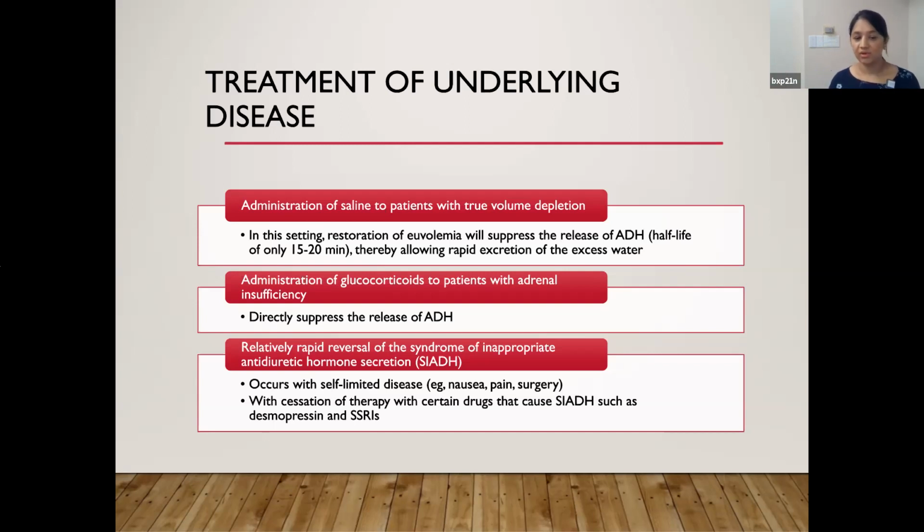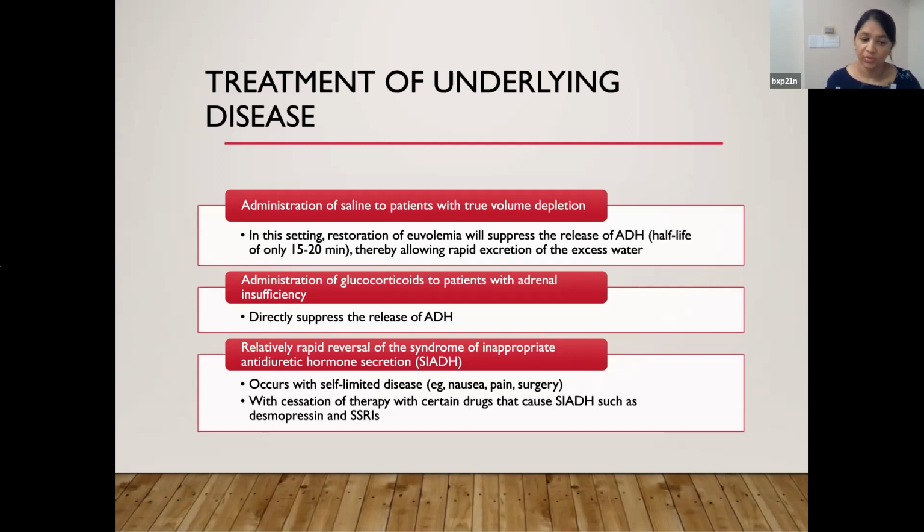Relatively rapid reversal of syndrome of inappropriate ADH secretion occurs with self-limited disease. Suppose they're having so much nausea or pain, it could be post-surgical too. Suppose you address that, that will probably take care of their inappropriate ADH secretion.